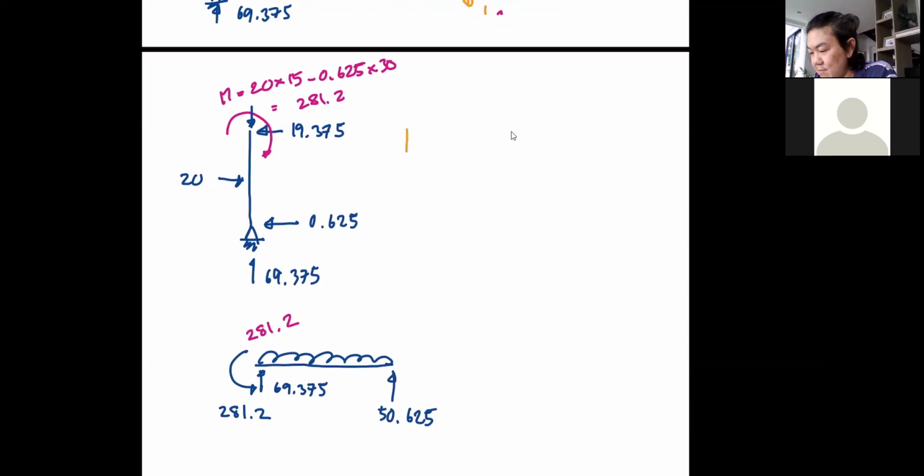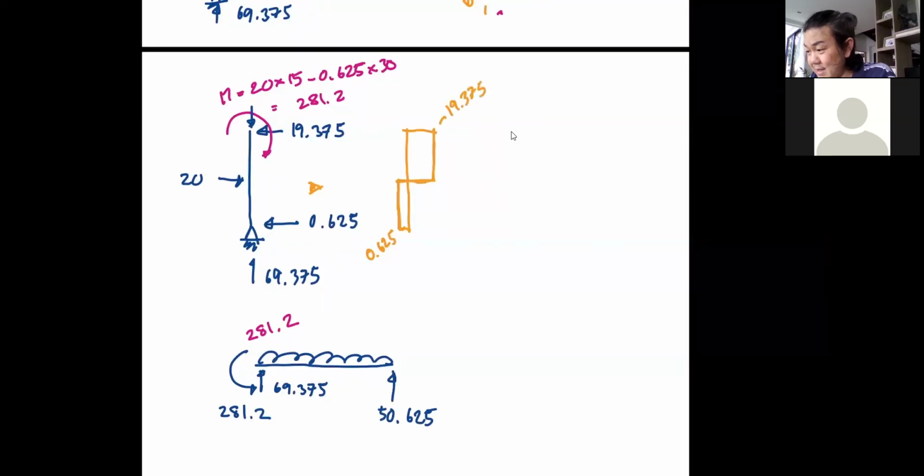So let's do that now. So let's say if my eyes are here, and I prefer that, my shear force diagram will be like this. So that is 0.625, minus 19.375.